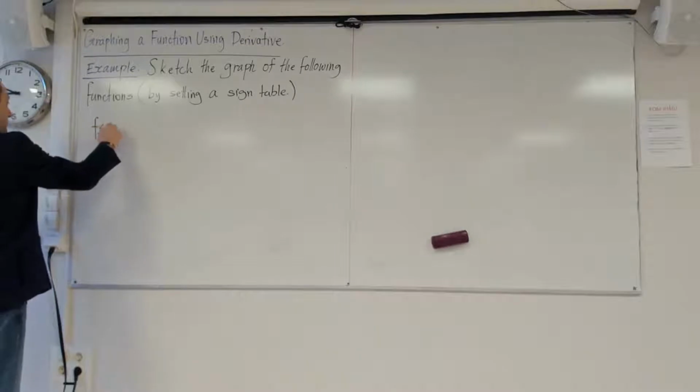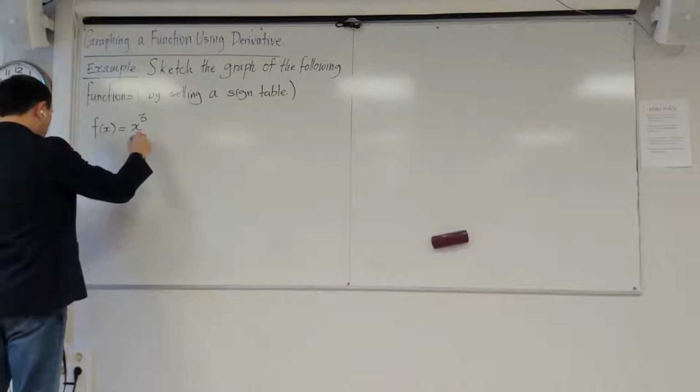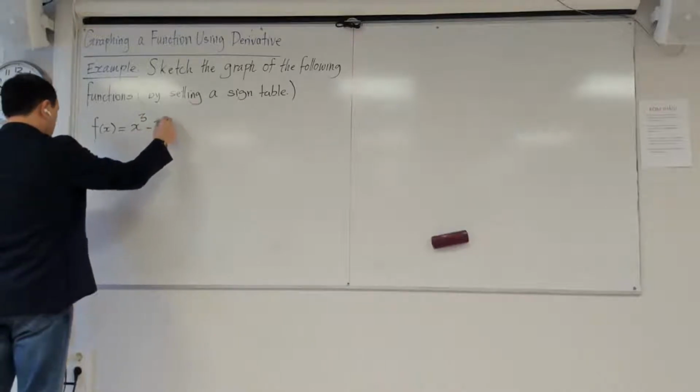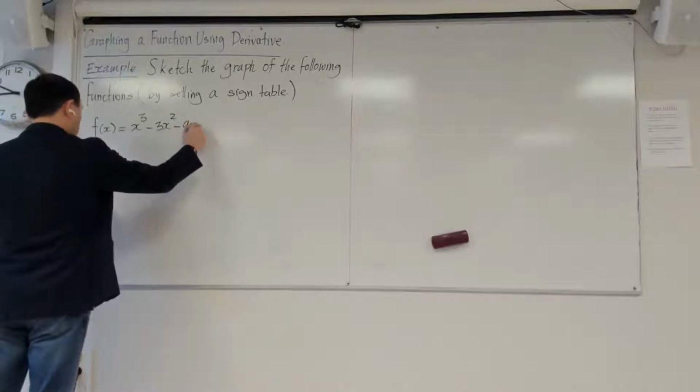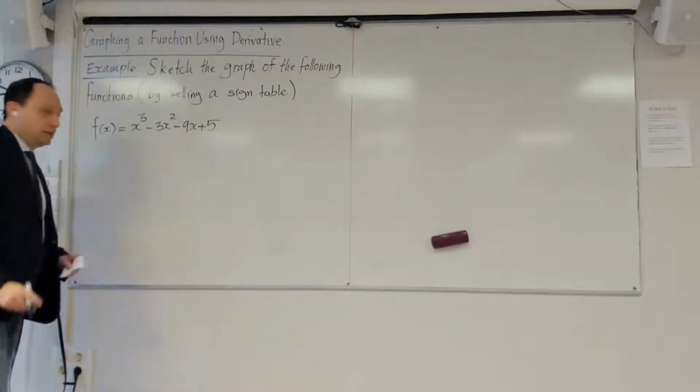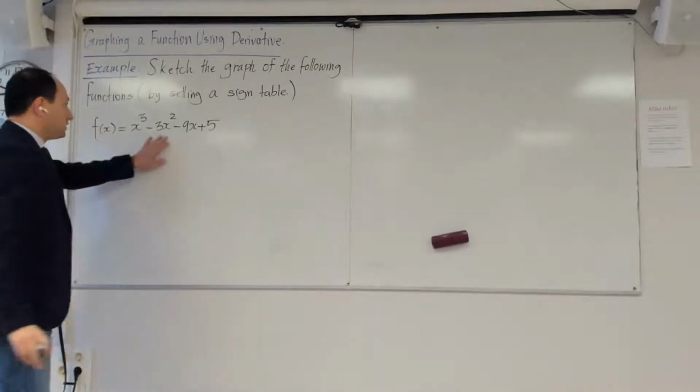This would be a little bit hard to draw on the board, but hopefully this will work. So x to the 3 minus 3x to the 2 minus 9x plus 5. We want to sketch the graph of this function.